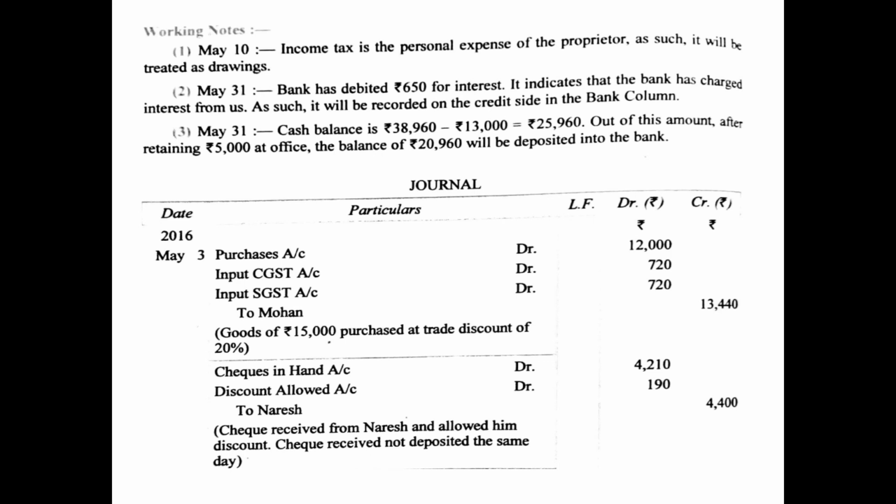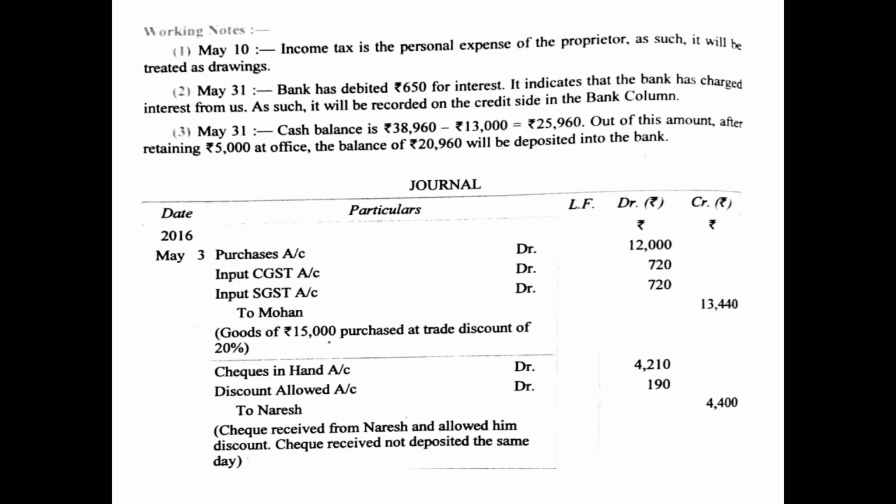So input CGST account debited separately, input SGST account debited separately, 720 each, to Mohan, that is the supplier, because it is a credit purchase, at 13,440.